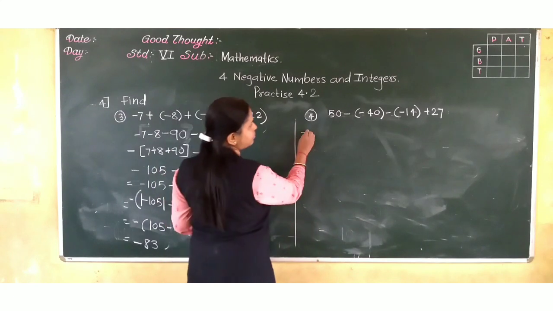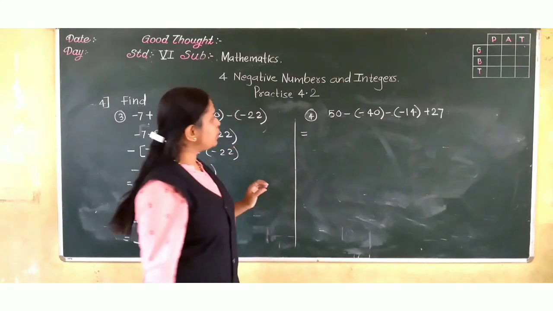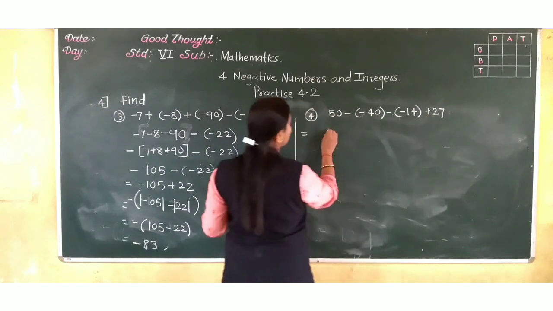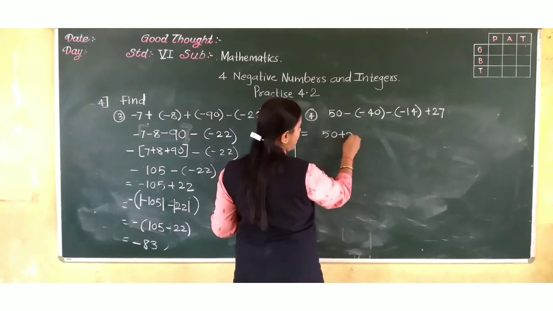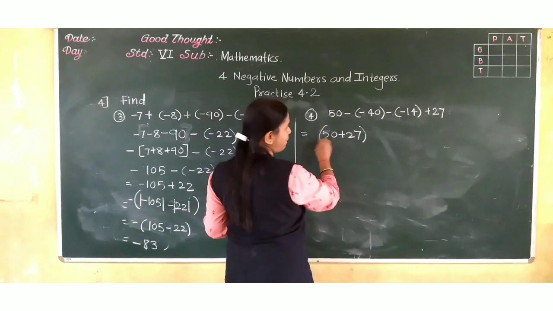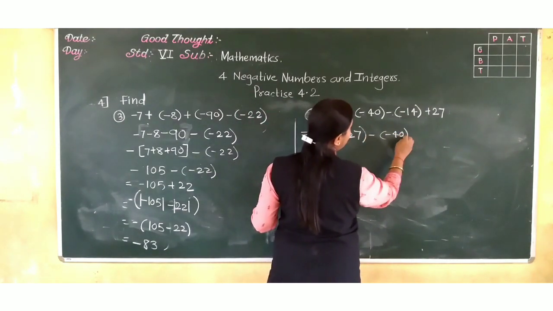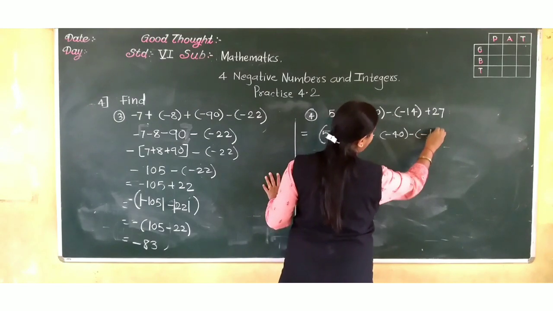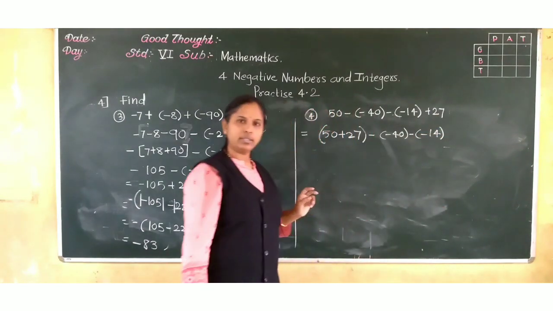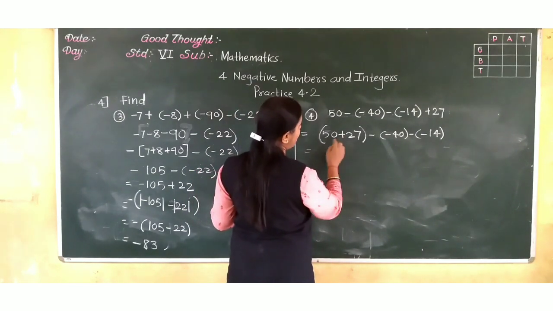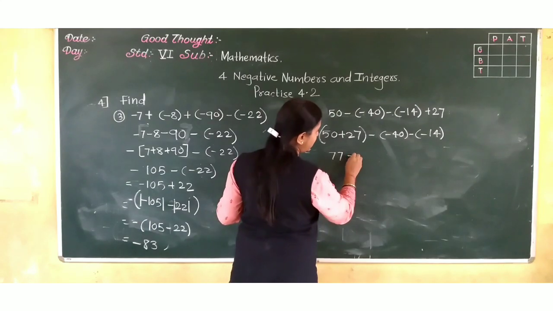Now here see. Here what we have to do? This is plus, this is plus. So these two numbers I took aside. Okay. Then minus of minus 40, minus of minus 14. Okay. So add these two. So this addition will be 77, minus.